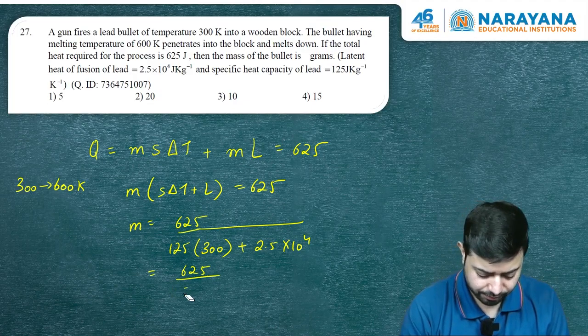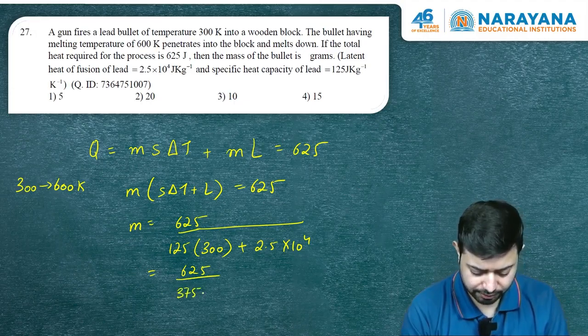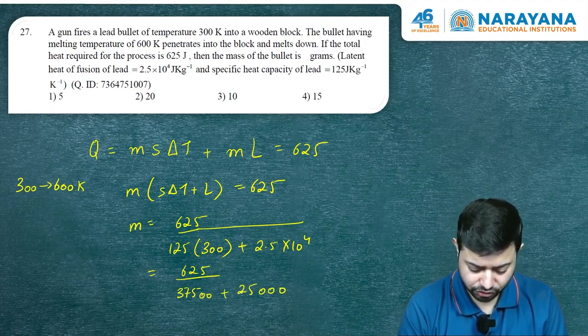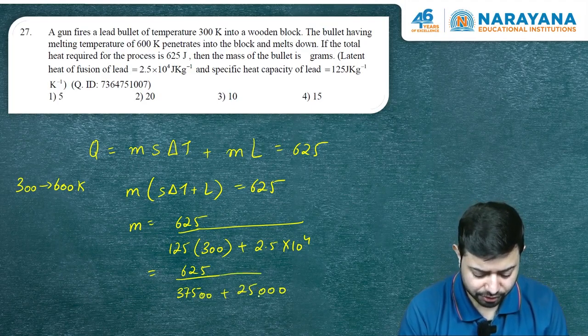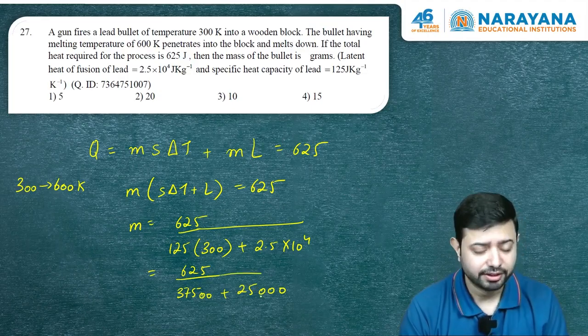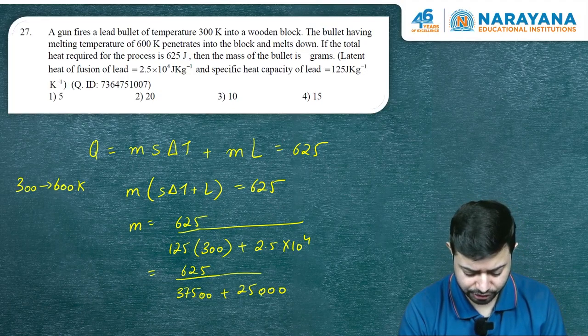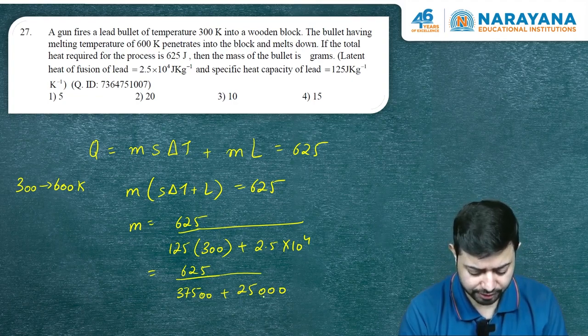We have 375 plus 250 (that is 25 into 10 to the power 3). What is this number? 375 plus 250. It is going to be 625.